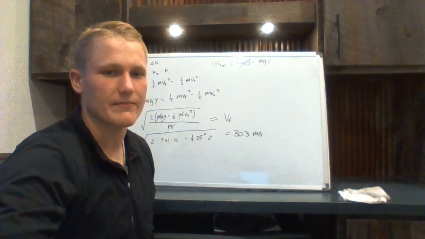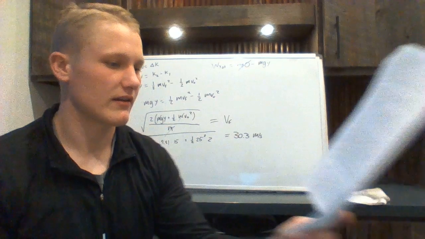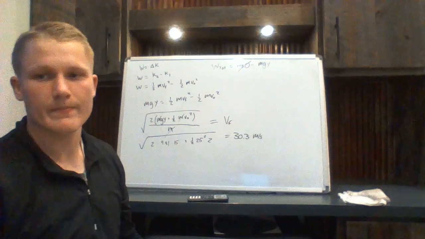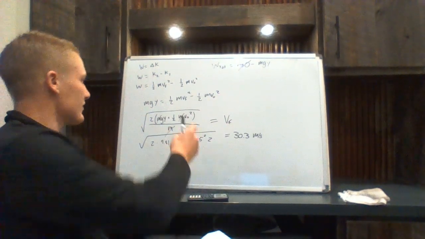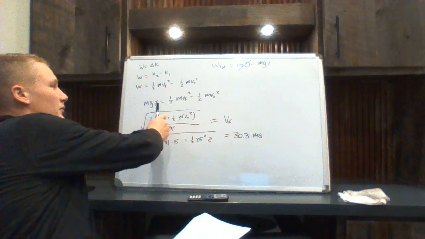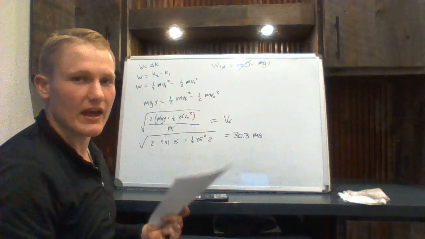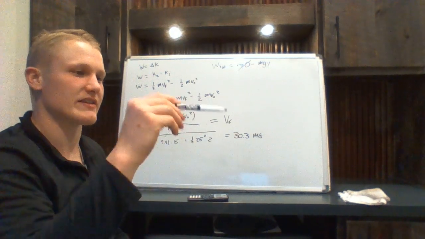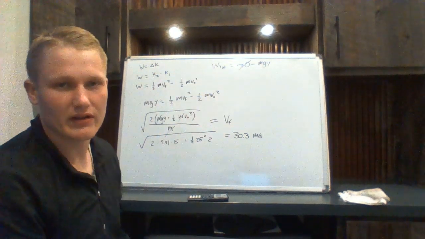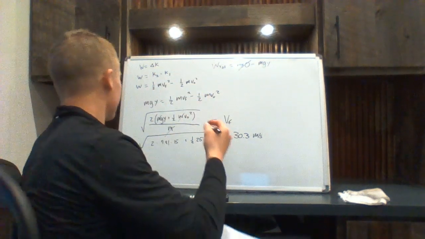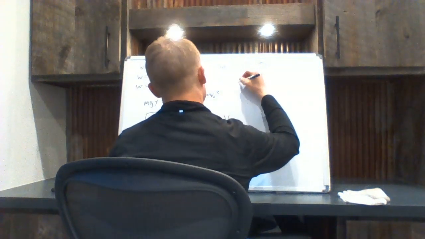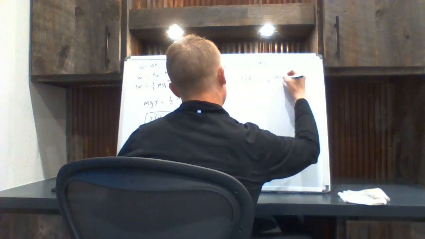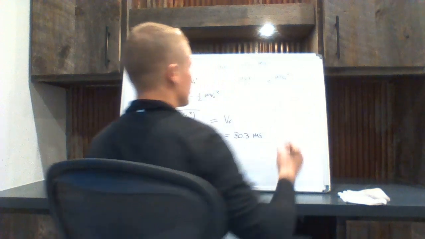Now for question B, to find its maximum height. To find its height, we can use this same equation here, but we're going to need to solve for y, and we are going to set velocity final at 0, because when velocity final is 0, that's when it's turning around. So here we go. mgy equals negative 1/2 m v initial squared.